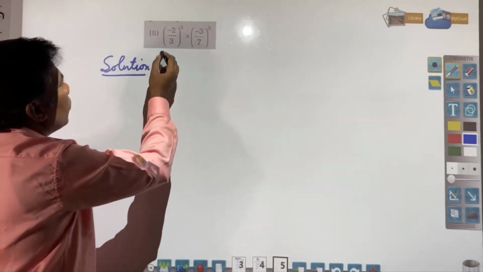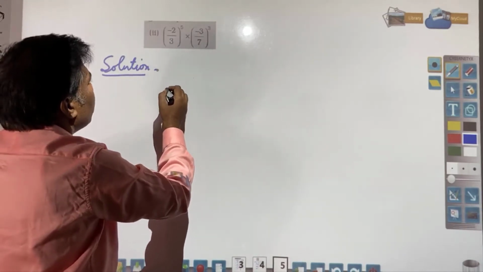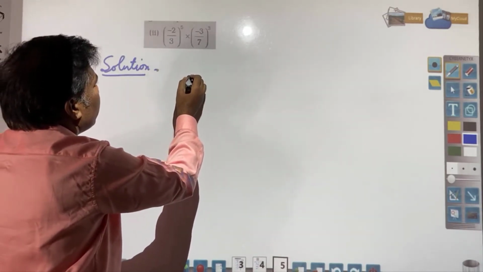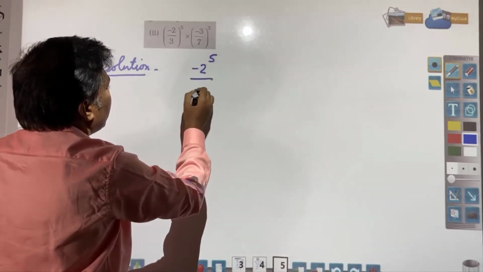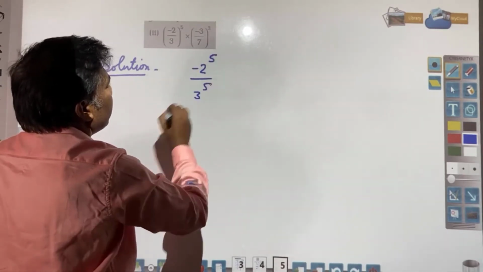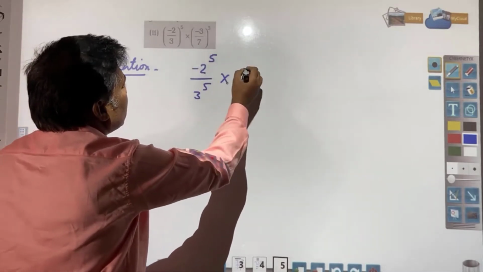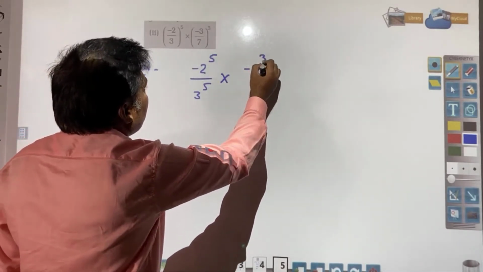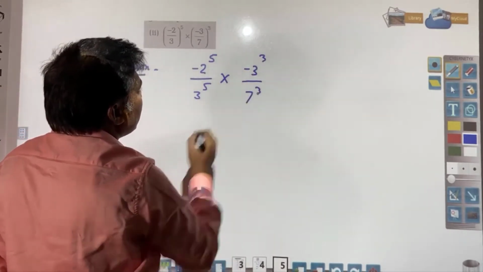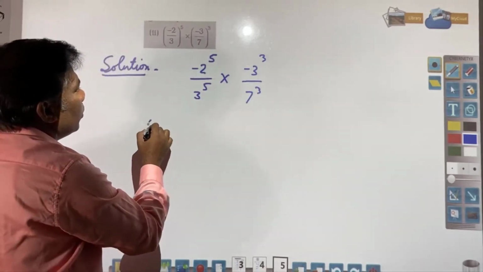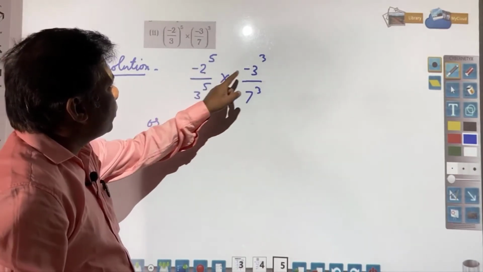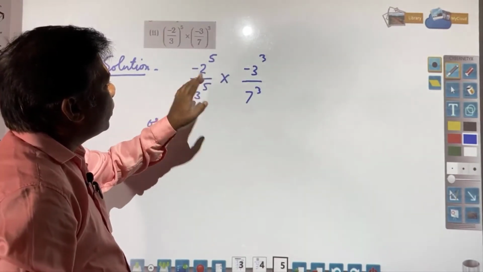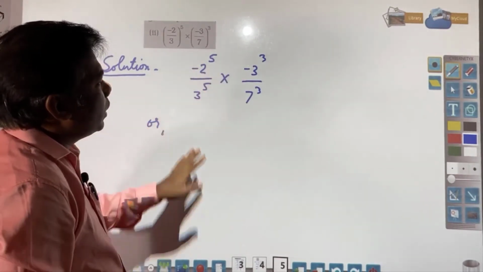Here you see, we have minus 2 by 3 to the power 5, so it will be written as minus 2 to the power 5 divided by 3 to the power 5, into minus 3 to the power 3 divided by 7 to the power 3. Now if minus and minus are multiplied, it will be positive.